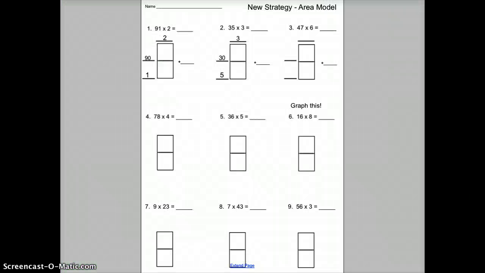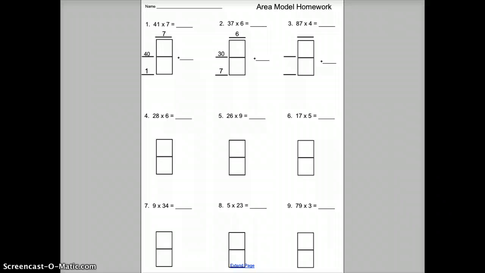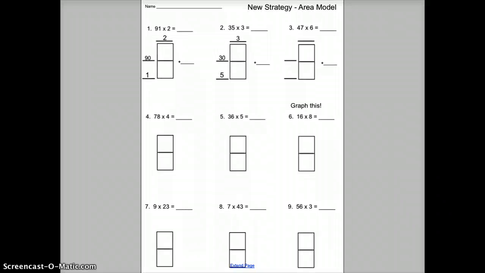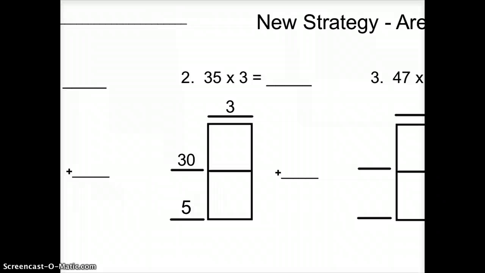Okay, this is the homework sheet you've got. So we will just do a couple of these problems together. We'll start with the first one. Actually, we'll do number 2. I've got 35 times 3. Here's 30 and 5 times 3. I'll box off this 0.